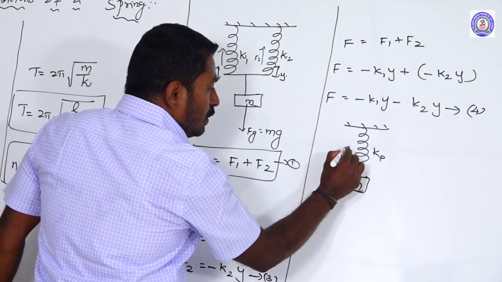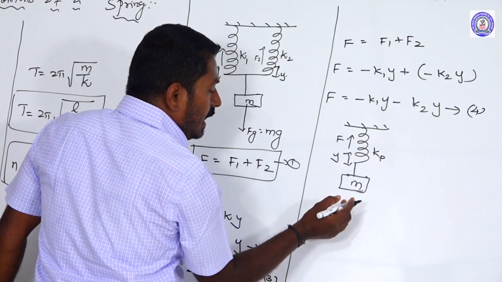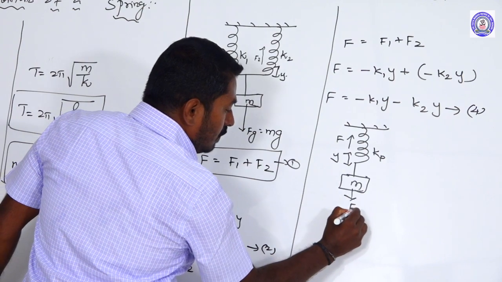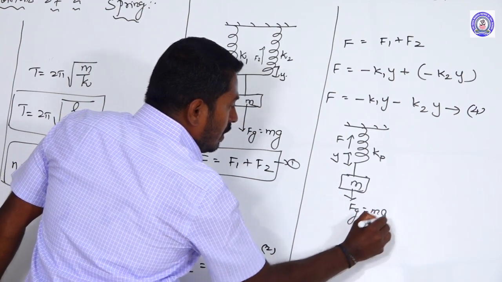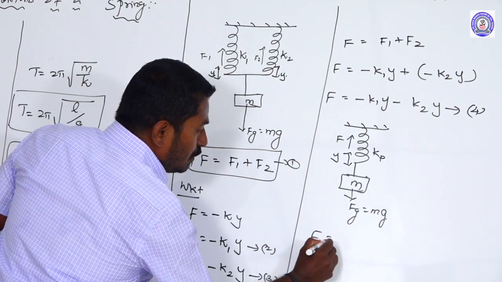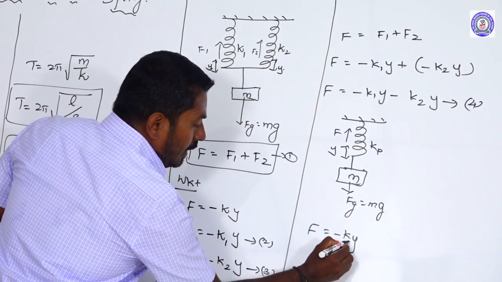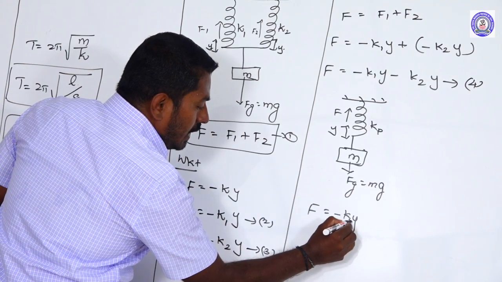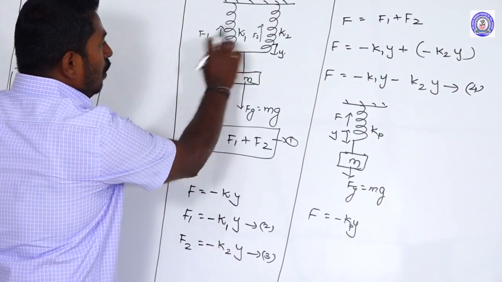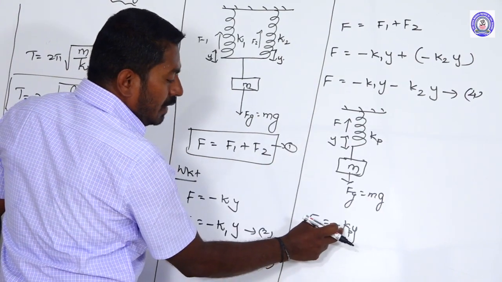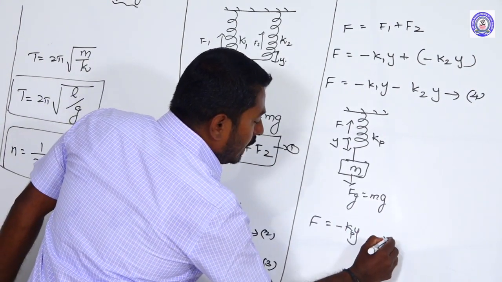Then a restoring force is developed within the spring, acting vertically upward on the block of mass m. Then the restoring force F is equal to minus Ky. Here K is the equivalent spring constant for the parallel connection, because both springs are replaced by a single spring with spring constant Kp. Equation number 5.